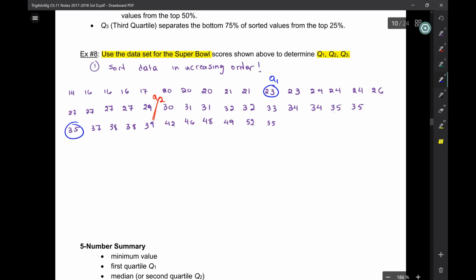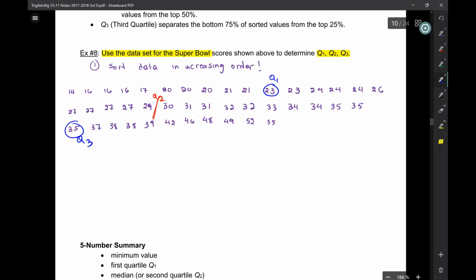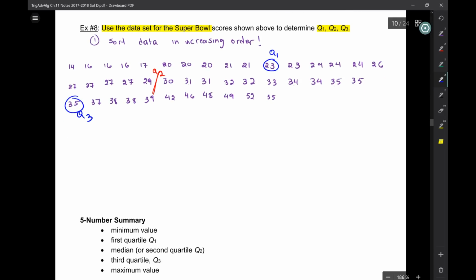This is Q3. So 29.5 is Q2. Correct. So Q1 is 23. Q2 is 29 plus 30 divided by 2, which is 29.5. And Q3 is 35. Okay?